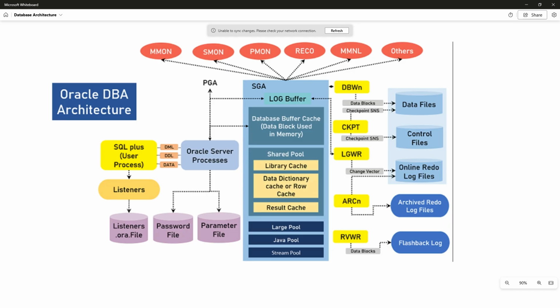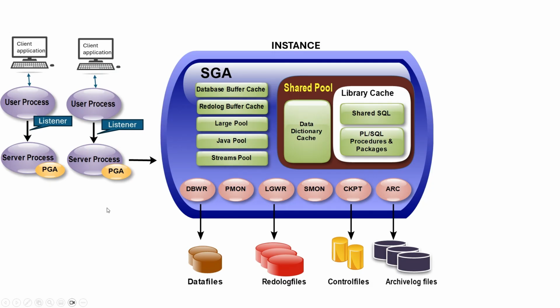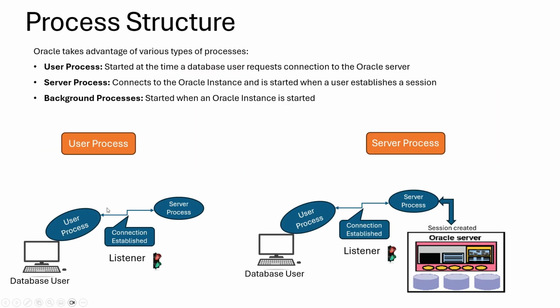All clear? Here you can see the user process started at the time a database user requests connection to the Oracle server. When the database user wants to connect to the database server, the user process will be initiated immediately.